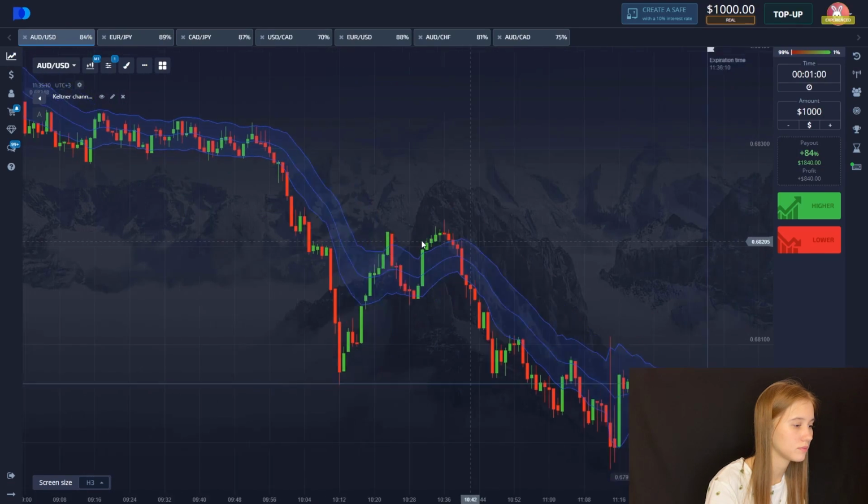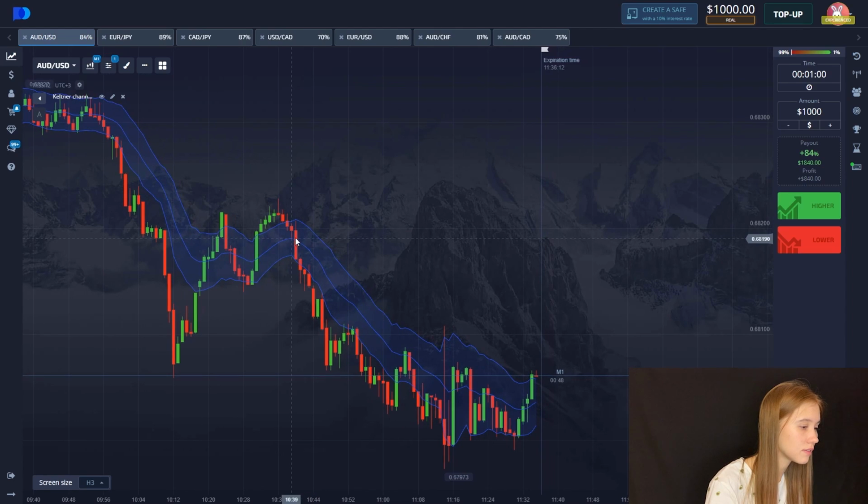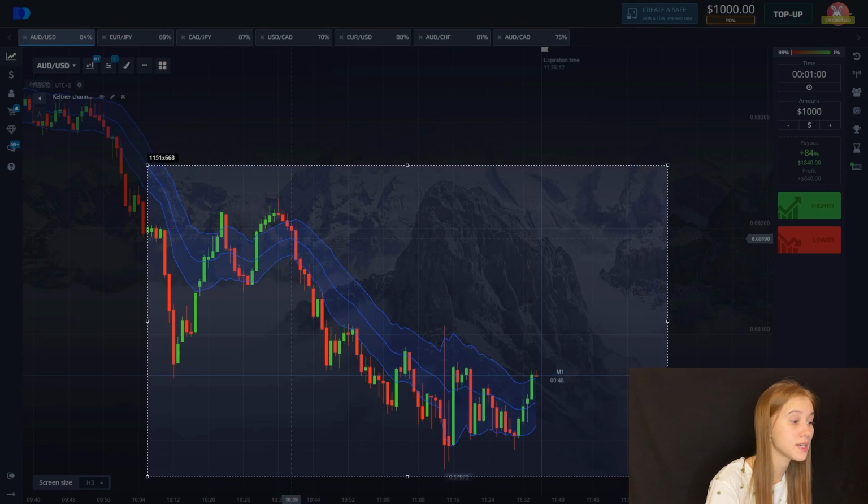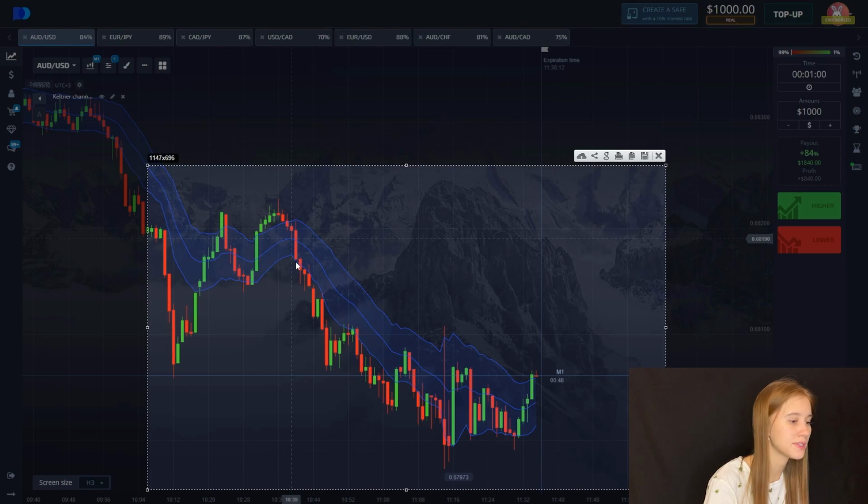Let's see it there. The downward movement we see here, we see a movement outside the channel, and here we also touched this area, a movement came out. Here we open for an increase.